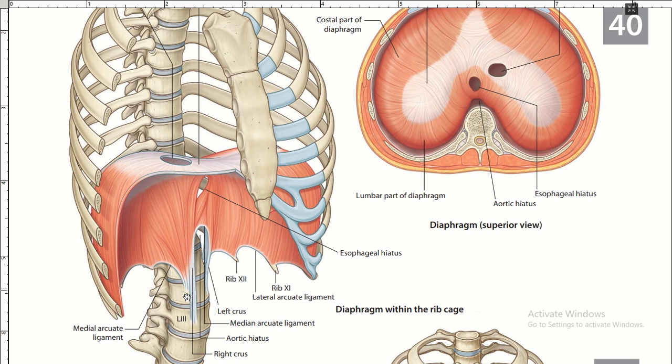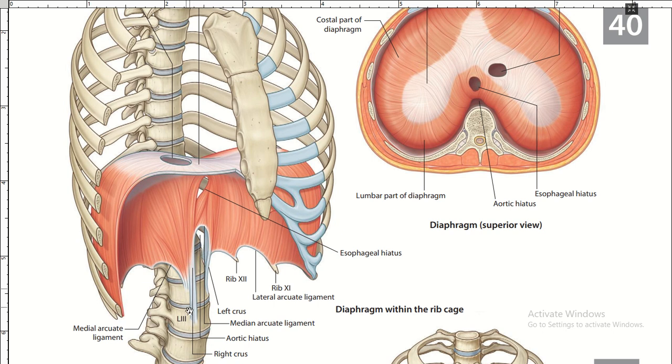You're going to have a right crus, which is longer, and the left crus. The right, which is the longest, is going to originate from the first three lumbar vertebrae, so lumbar 1, 2, and 3, while the left will originate only from the first and second lumbar vertebrae.